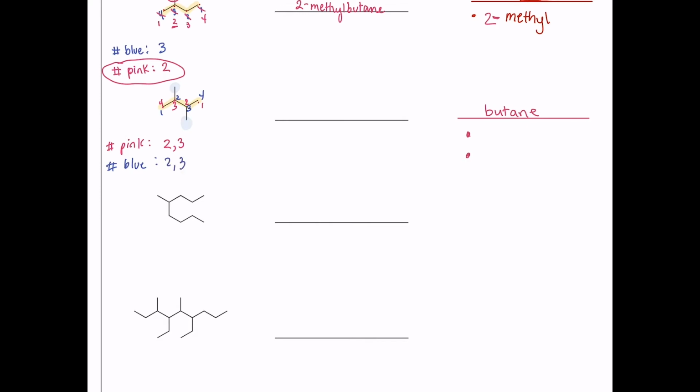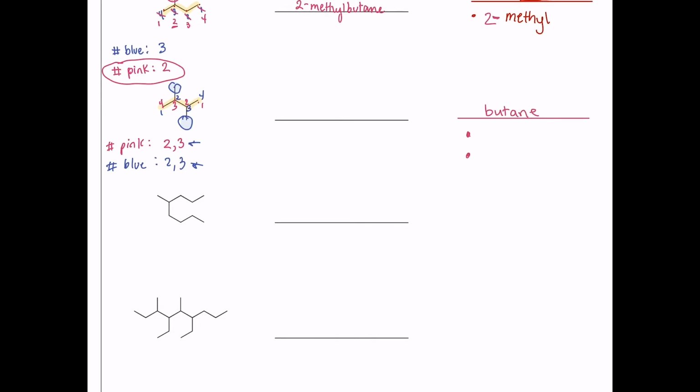Notice it doesn't matter which one I picked because they're both 2 and 3. It's at this stage that you would use alphabetical order to figure out whether to do pink or blue. But the funny thing here is they're both methyl groups, so they're both the exact same group with the exact same name. They are exactly the same when it comes to alphabetical order, so it doesn't matter which one you pick.